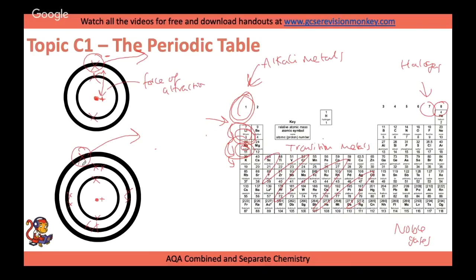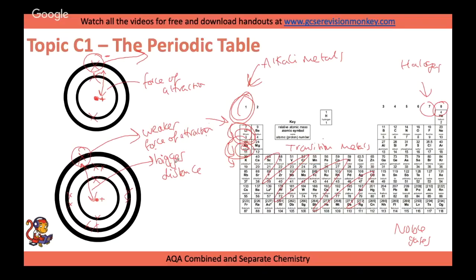Now, if you get a bigger atom, like so, there's a bigger distance between the positively charged nucleus and the negatively charged electron. This is all the information you need to get down in the exam. Okay, bigger distance between the positively charged nucleus and the negatively charged electron. So the force of attraction is actually weaker on a larger atom. So weaker force of attraction.